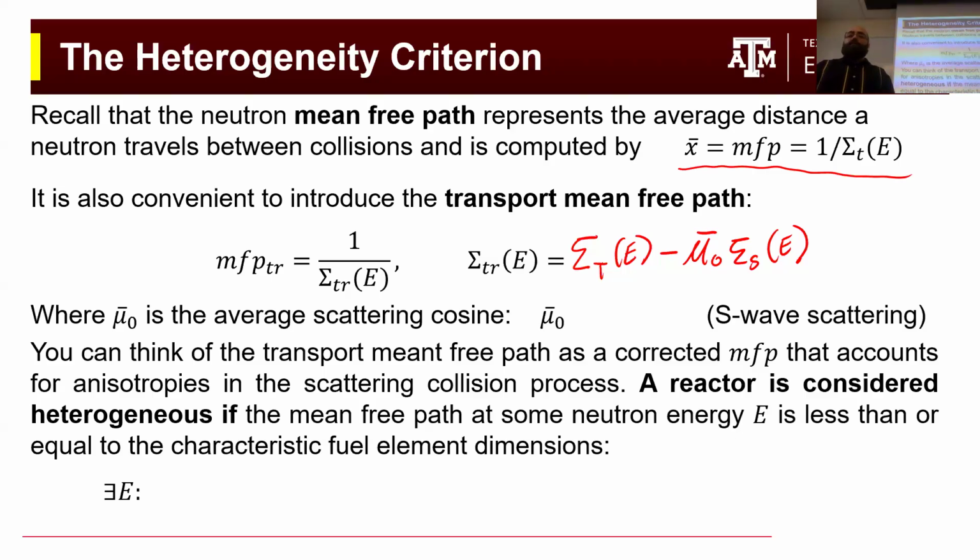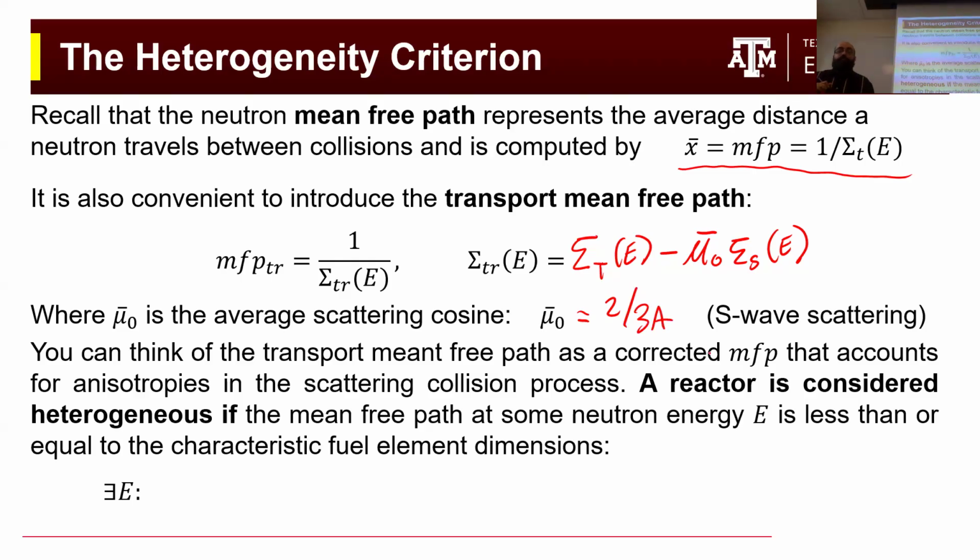If you assume S-wave scattering, you can get an analytical expression for mu0 bar, and that expression is 2 over 3A. Sorry, it's 2/3A, my bad, where the 3A is in the denominator.